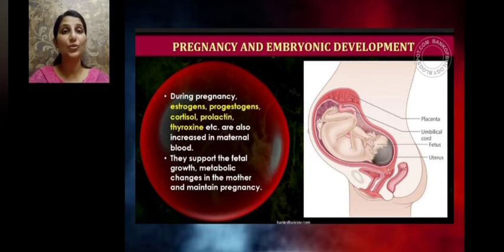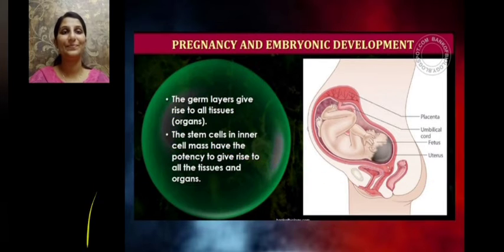In addition to all the placental hormones, these hormones are also released in the maternal body. What is the function of all these hormones? They are needed to support the fetal growth, metabolic changes in the mother, and maintain the pregnancy.